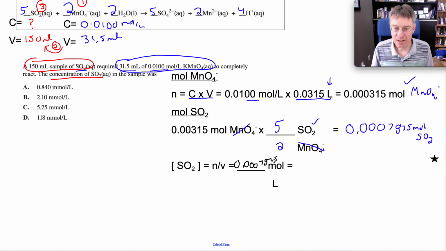Again, you're using all the digits on your calculator. Do not round. Divide by the volume. We need it in liters. So it's dividing by 1,000 to go from the 150 mL down to our liters. So I got a concentration in moles per liter.